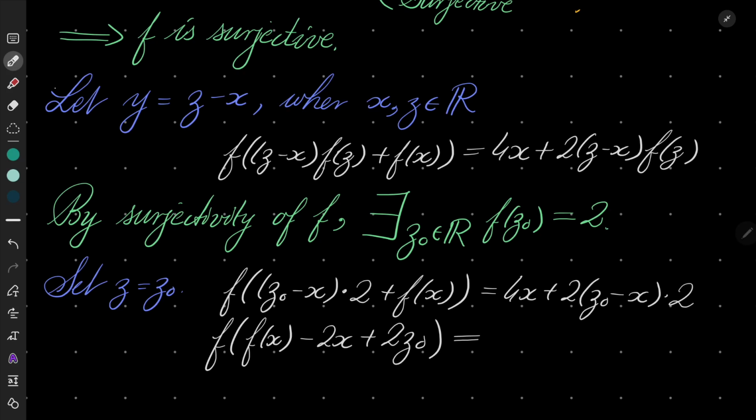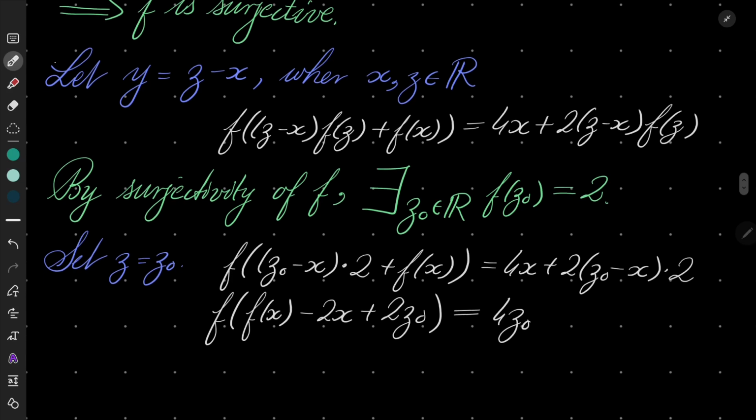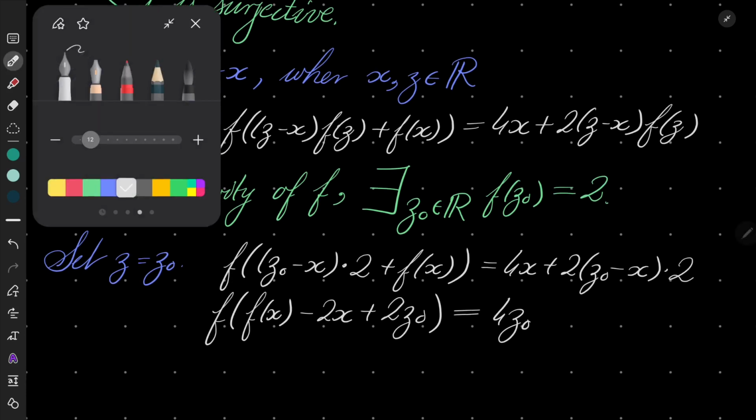We just get 4 times z0, because 4x plus 2 times minus x times 2 is 0. Okay, so now we have x's only on the left-hand side.